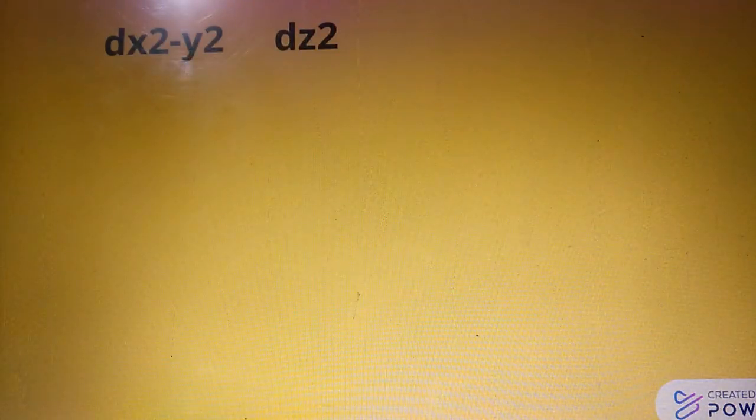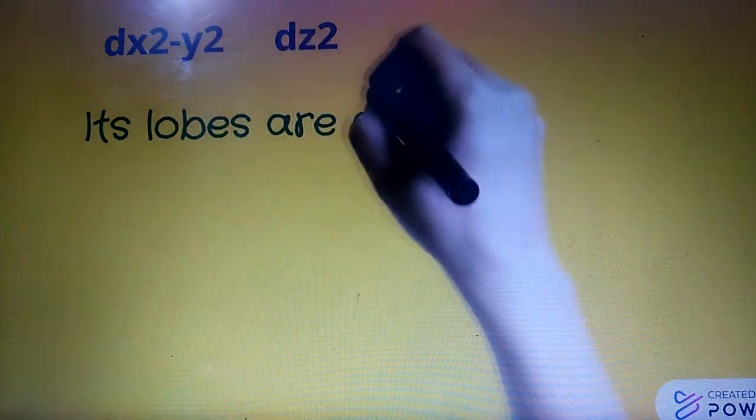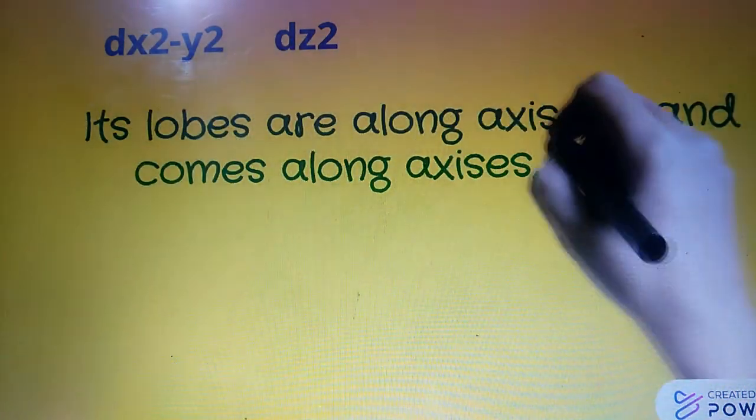Why is the energy of Eg higher and the energy of T2g lower?